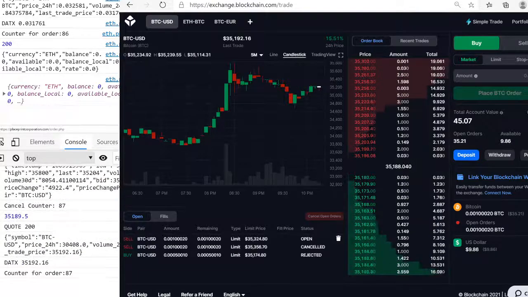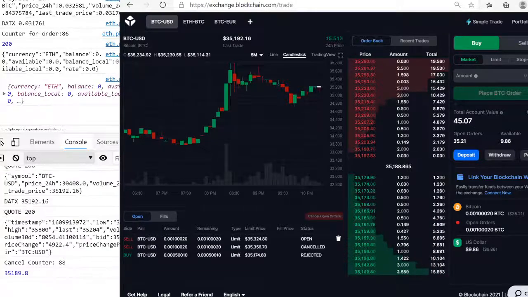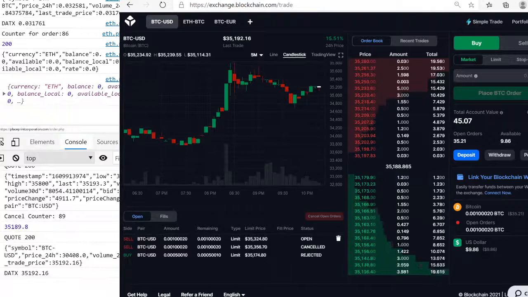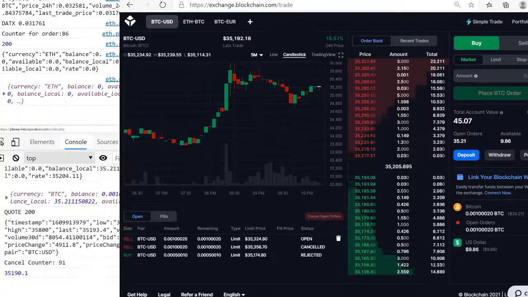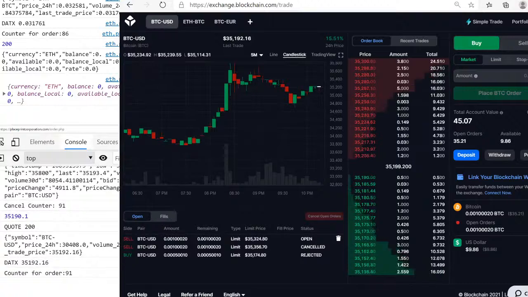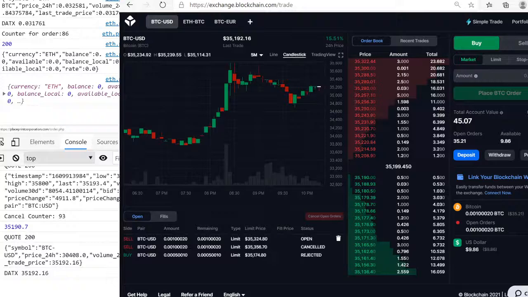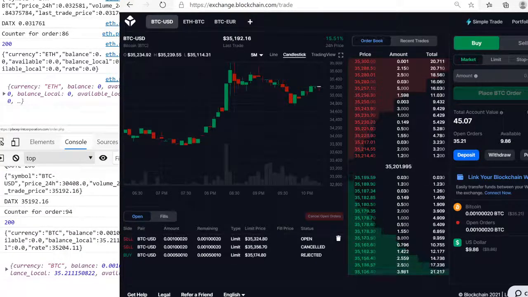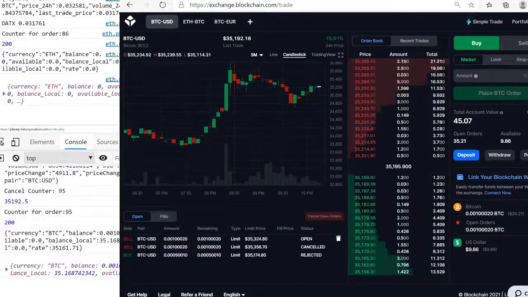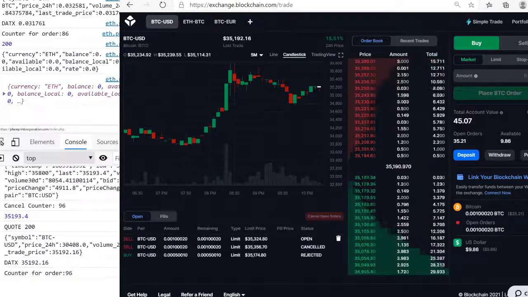So we're just waiting right now for this market to fill us for a profit at 35,324. The interesting thing is, if it gets really close to 35,324 and doesn't get filled, it could actually cancel and move the order back higher, which could be a good or bad thing.